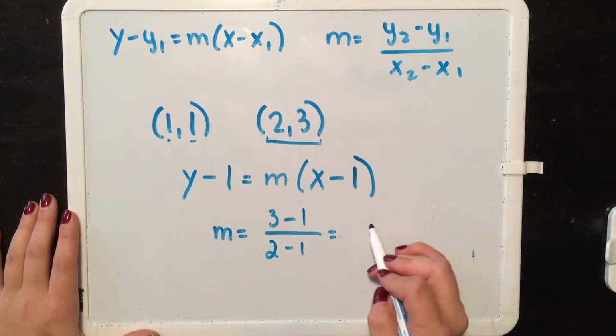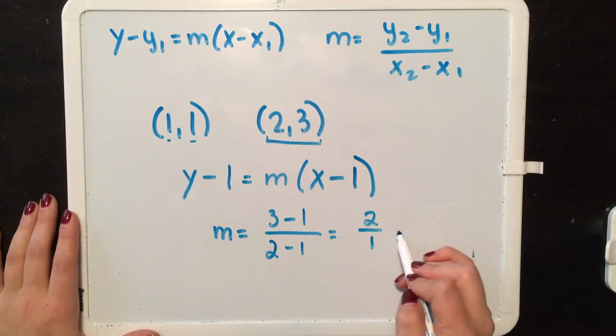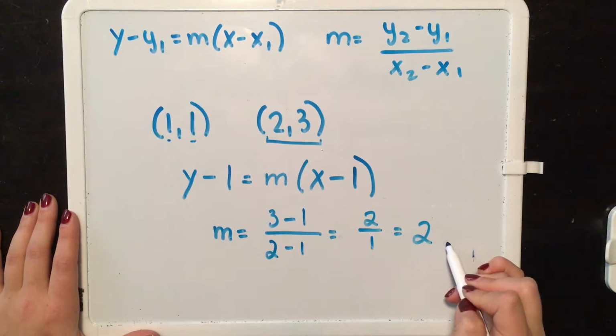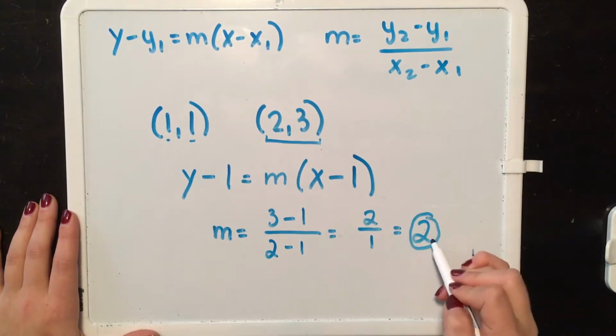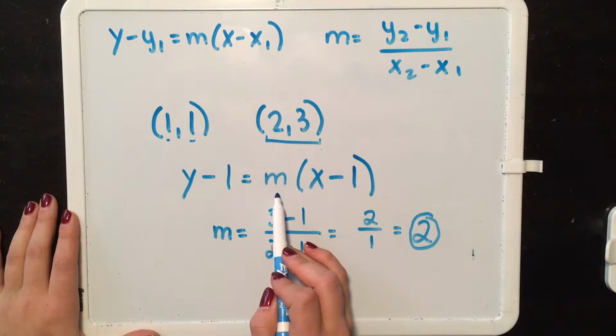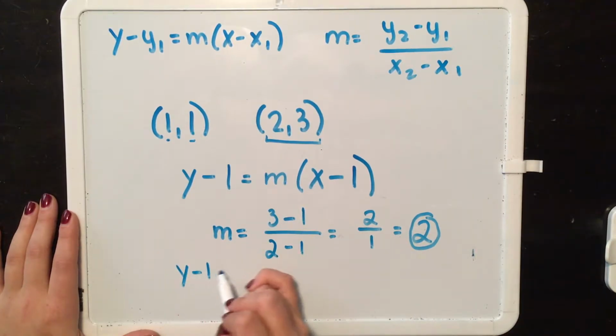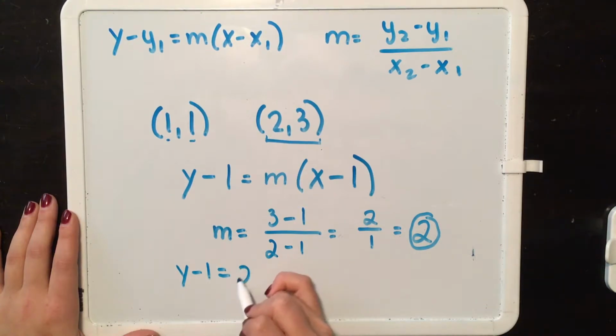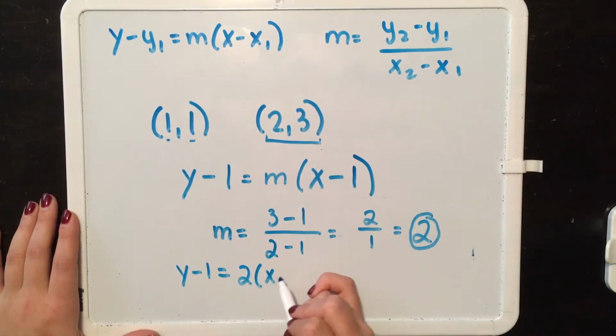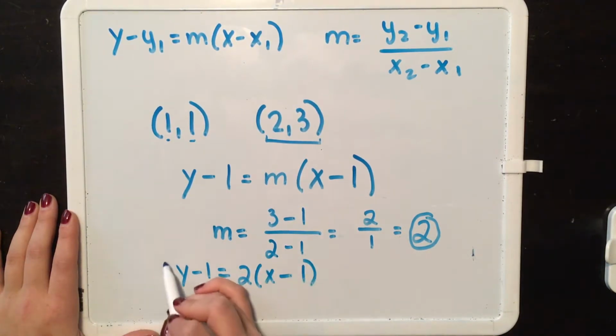And this reduces to 2 over 1, which equals 2. So our slope is 2, and we're going to fill that in for m. y minus 1 equals 2(x minus 1).